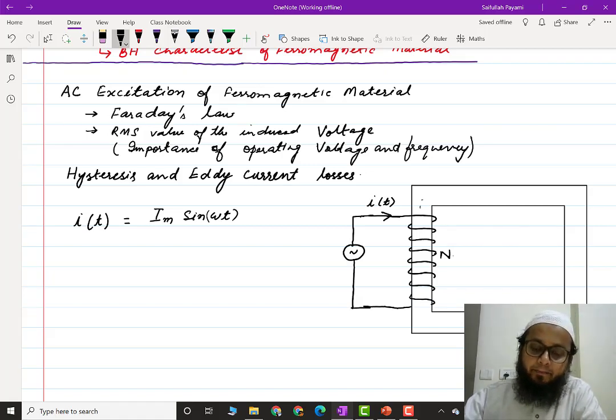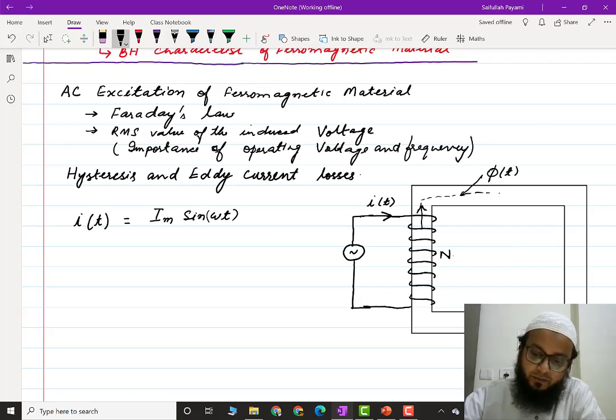Let's say it's a sinusoidal one, so the flux which would be produced by this current would also be a sinusoidal, time varying one. So this flux produced by it is phi t. Obviously the direction of it, if the current is increasing in this direction, the flux would also be increasing in this direction.